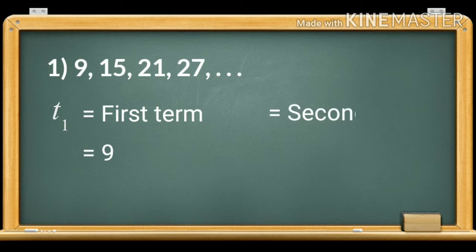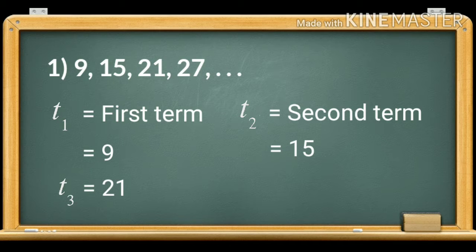Then, second term means what? T2. So, here T2 is 15. Then next T3 is 21. And similarly T4 is fourth term, that is T4 equal to 27, and so on.